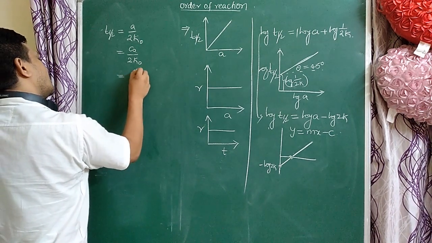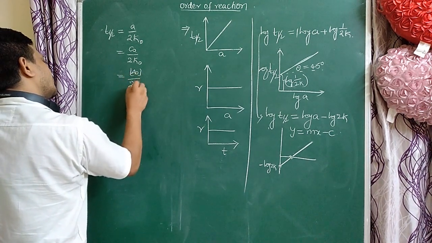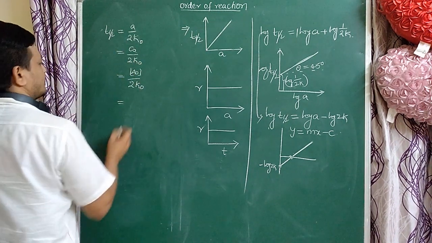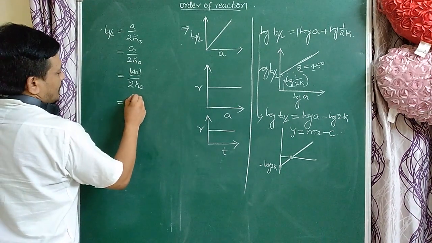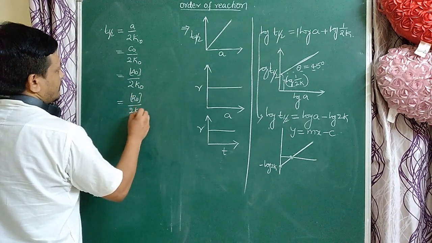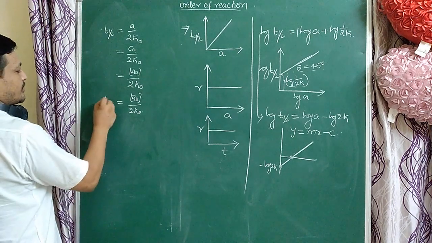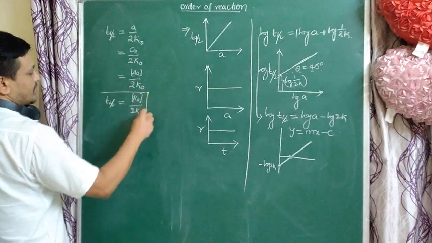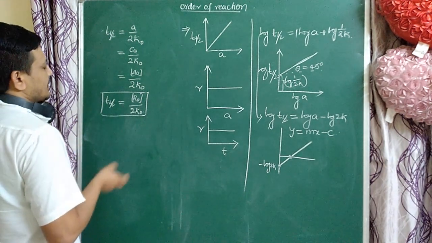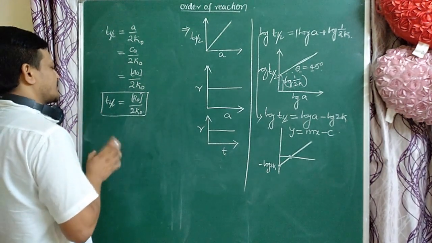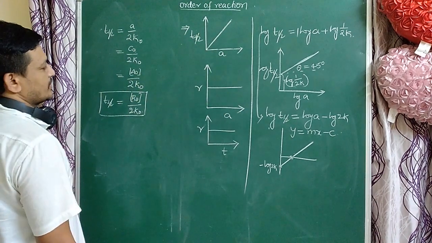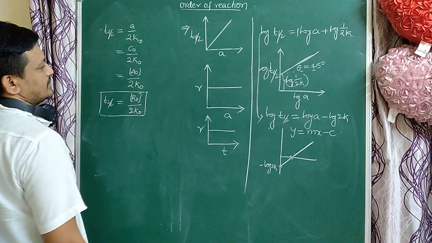And a naught by 2k, this is also another form, different letters but the same thing. And next, R naught by 2k naught. So these are the different forms of the half-life of a zero order reaction. Whatever the formula, it is inversely proportional to the rate constant and directly proportional to initial concentration.